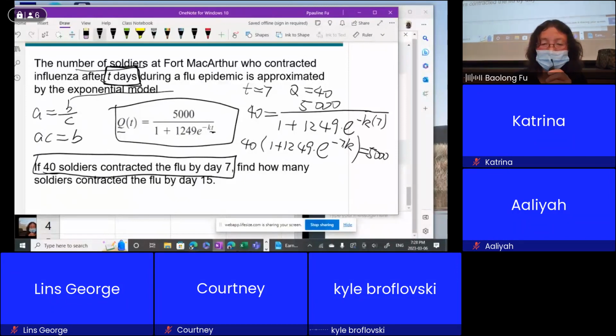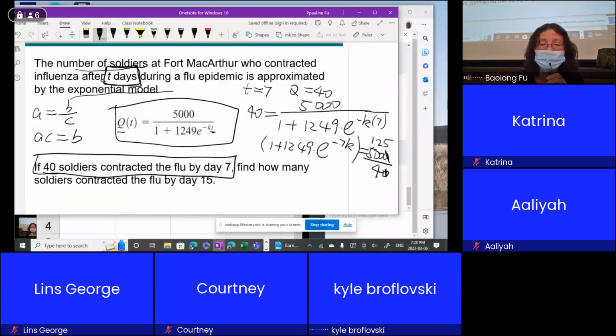Then we move this 40 to the right hand side, it becomes divided by 40. The reason is I want to simplify this. So the zeros cancel out. 500 divided by 4 equals 125.